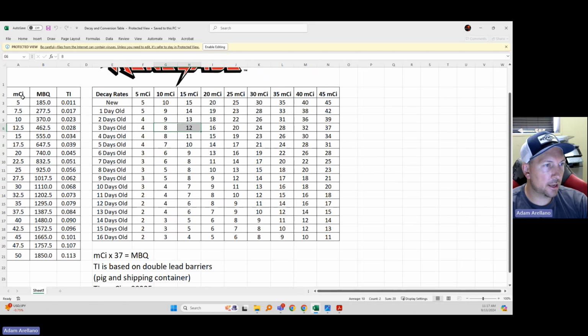Your millicurie here that you're carrying on the truck needs to match the MBQ and the TI. I just saw a couple where we had 35 millicurie on the truck, and we put like 370 MBQ, and that's got to be really close, and that one was not close. So your TI is your transport index.